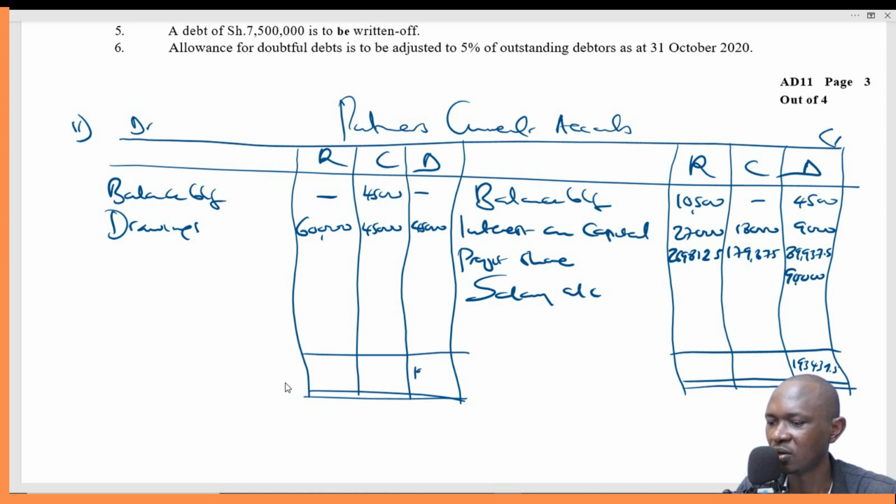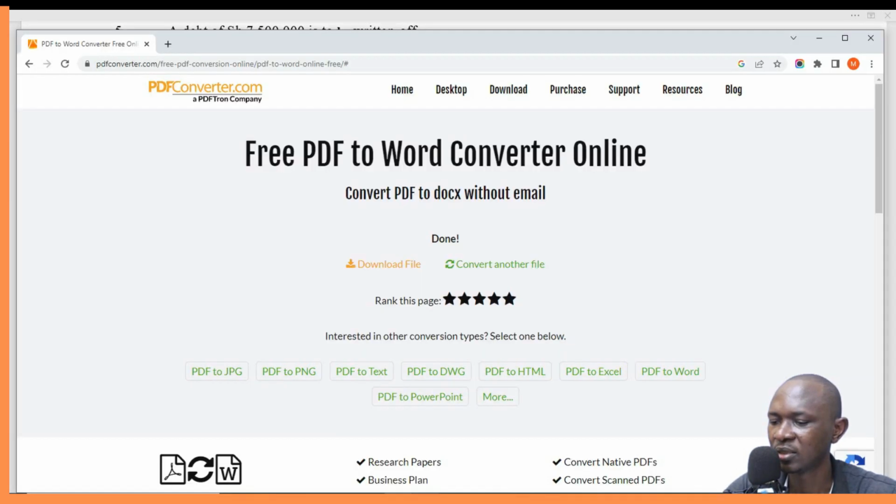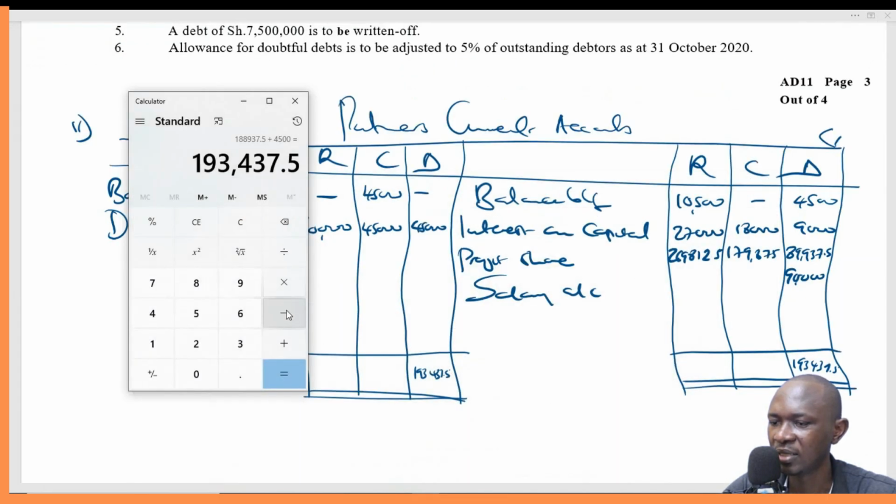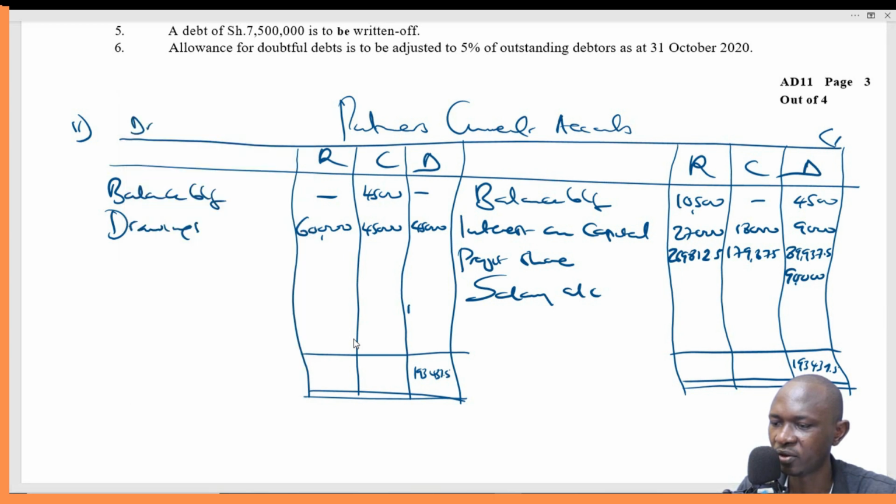So that should be the figure also this side, 193,437.5 less 45,000. That gives us 148,437.5.